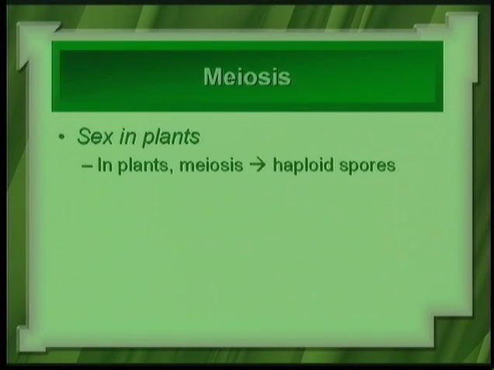Generally, sex in plants is a little bit different from sex in humans or animals. In plants, meiosis results in haploid spores. So meiosis in plants, as in animals, reduces the chromosome number, and you have spores with half the chromosome number. What happens next?